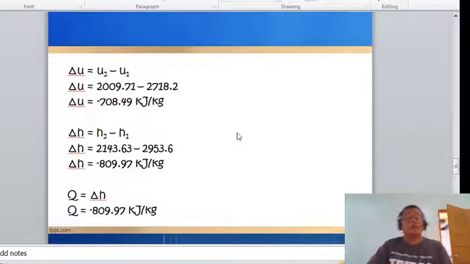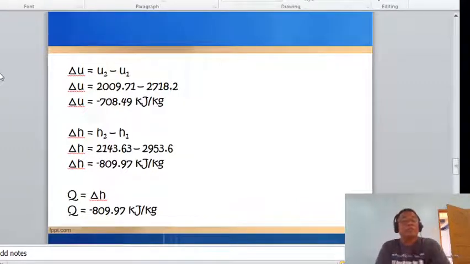Next, for the change in internal energy, since the internal energy at the initial condition and at the final condition are already given, we can simply subtract the two values.